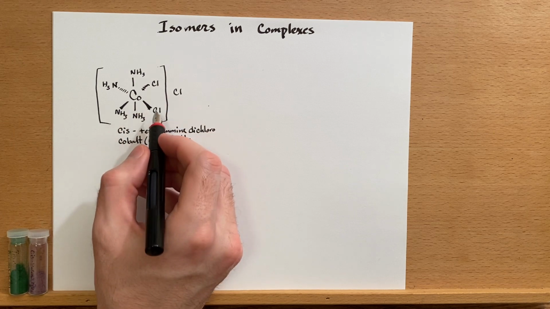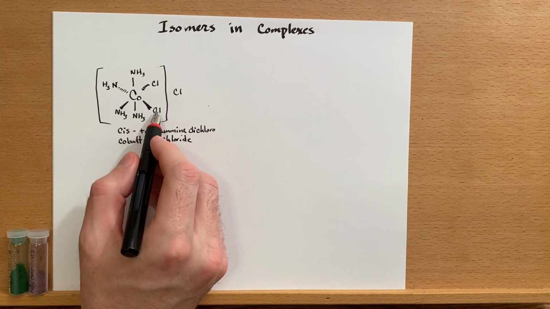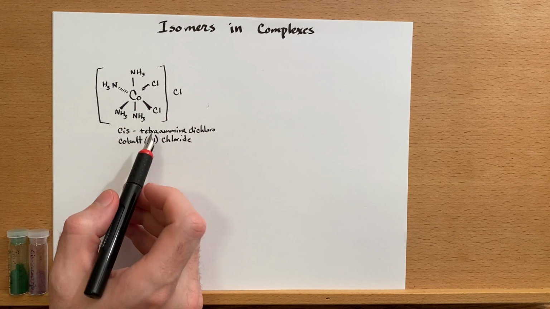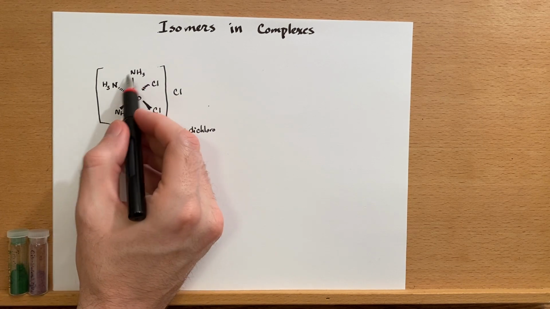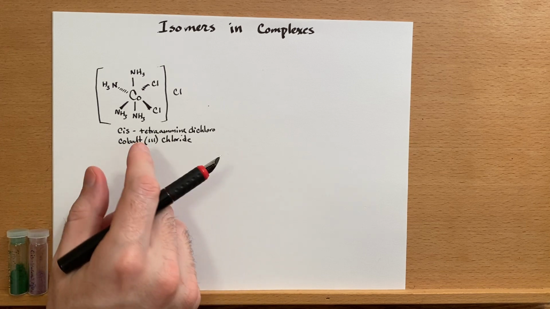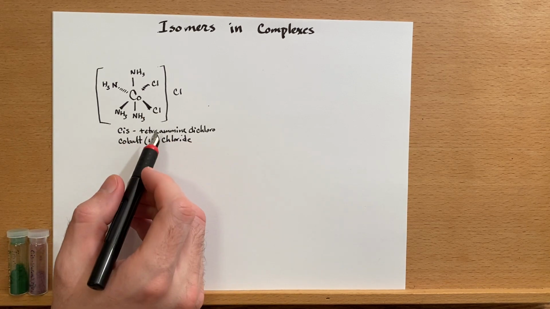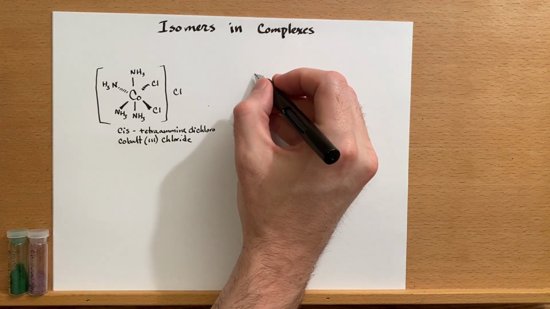So this is the cis configuration, same side of the structure. And we could have actually put the chlorines here, we could have put them there, anywhere that they're not directly opposite. So let's draw the trans configuration.